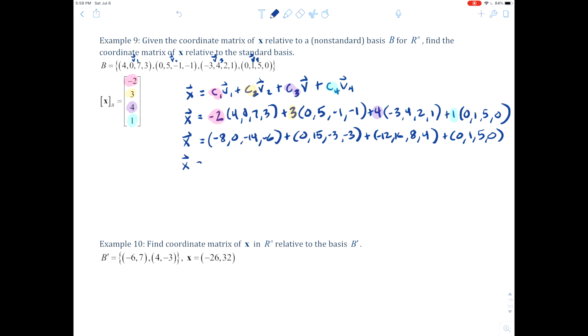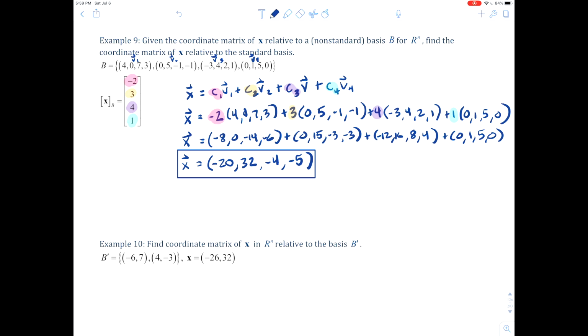And then combining the vectors, I'll have (-20, 32, -4, -5). Cool, cool?